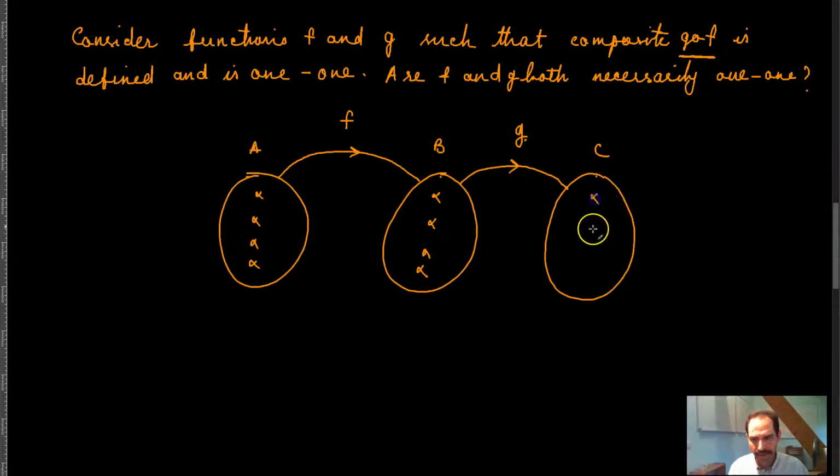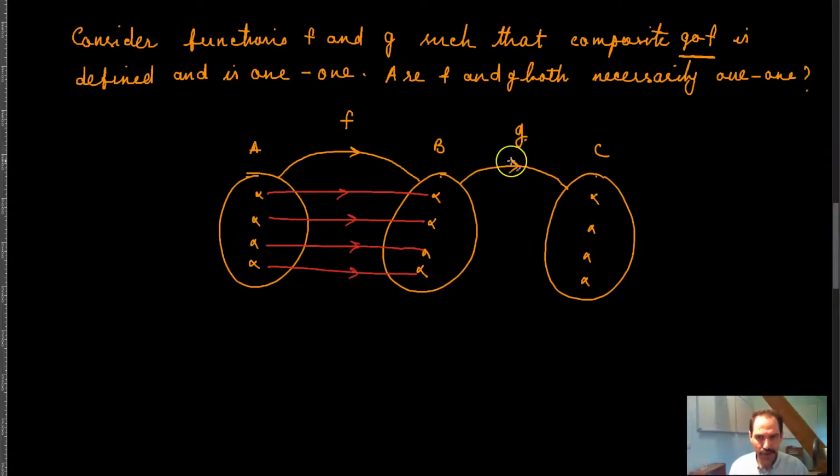and they are defined in such a way that, for example, this is mapped to this one, and this is mapped to this one, and so on for f. On the other hand, under g, this element is mapped to this one, this element is mapped to this one, and so on.